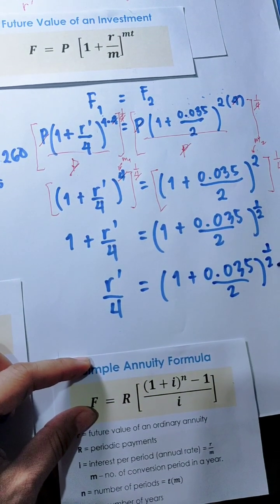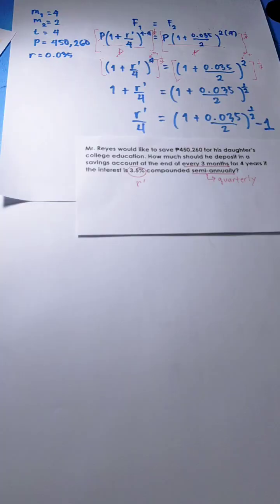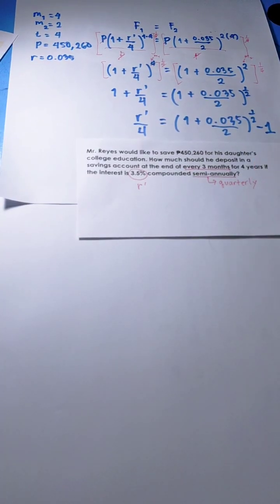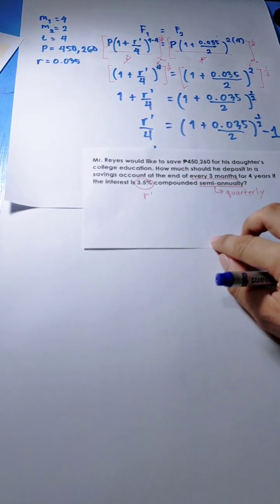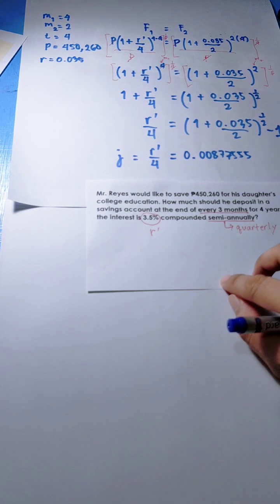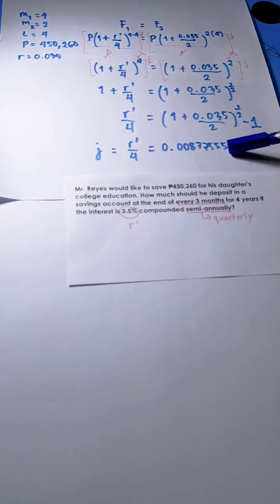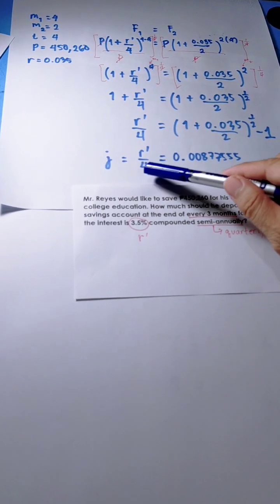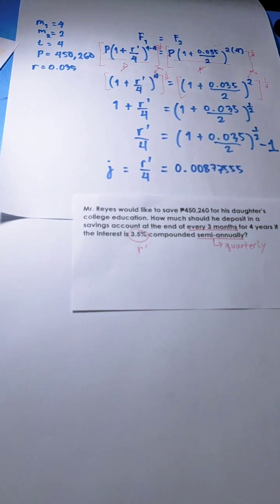Transpose our 1 here, we have minus 1. Using our calculator, we can get the value of our rate over 4. The result, I already rounded up to this digit. And next, we denote this R prime over 4 as J.